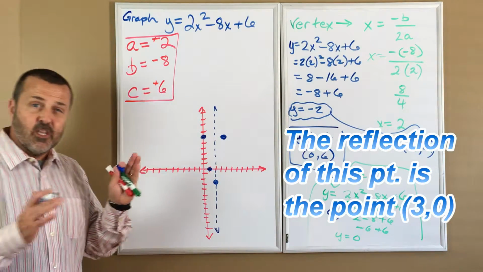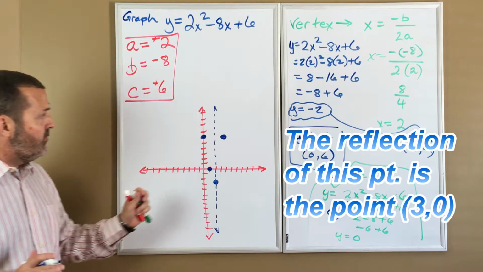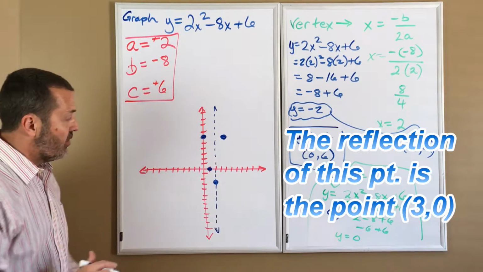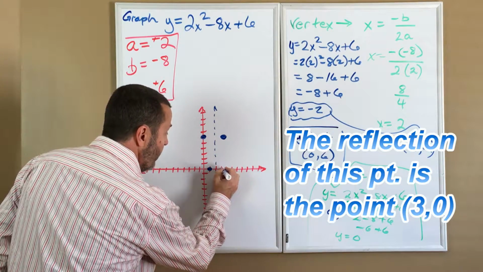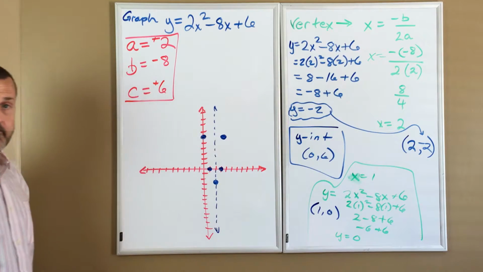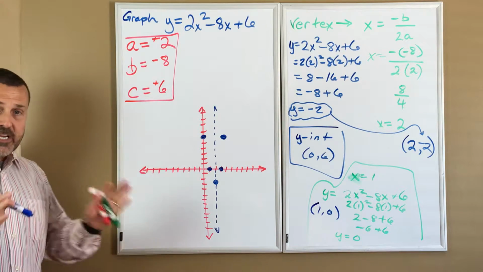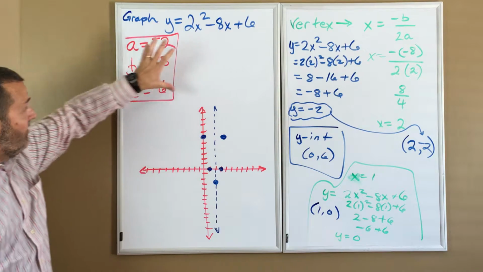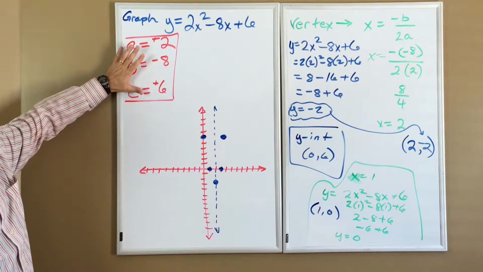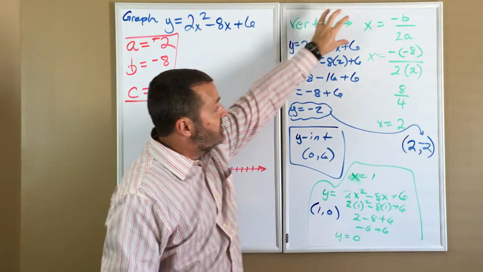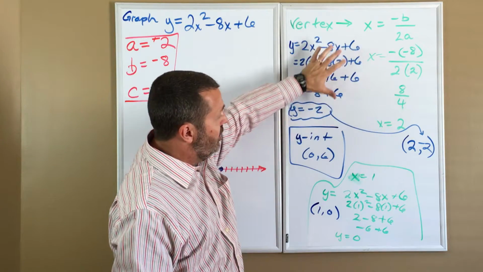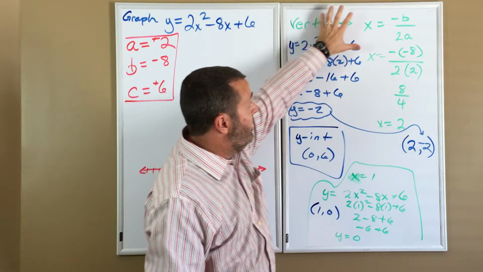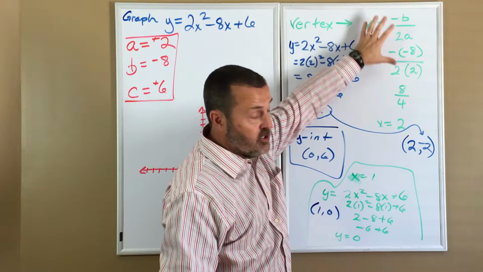You should have talked about this a little bit in geometry. We'll get to it more in class, but we reflect it across. Bam. That is the reflection. Okay? Now, let's make sure we understand what we have here. We have the function. We've identified our a, b, and c. We found our vertex in green and blue. We know that x equals opposite of b over 2a.